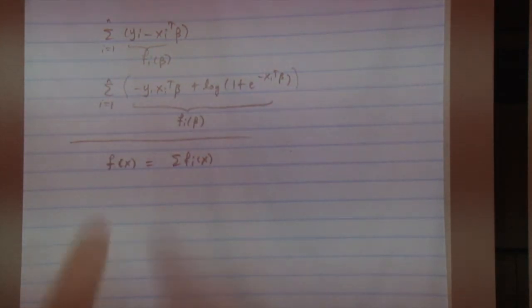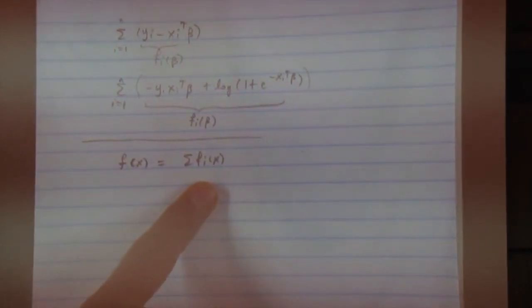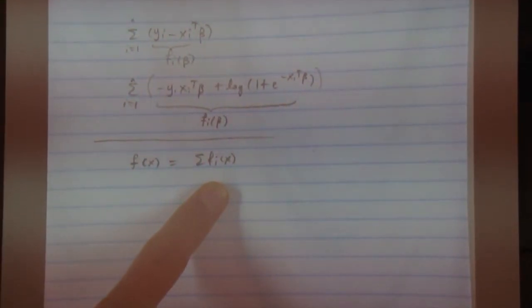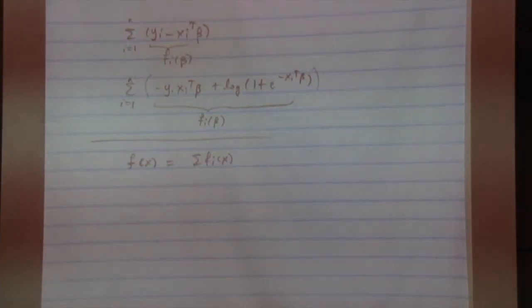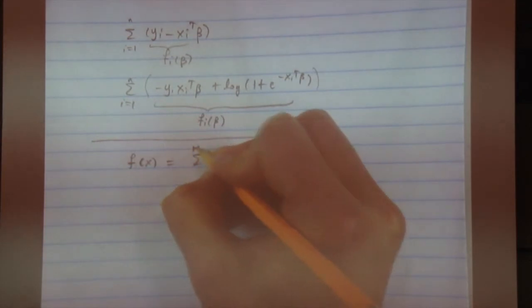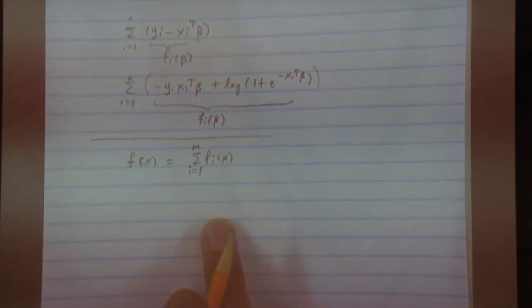In order to do this, we have to compute a subgradient of f. But we know from the subgradient calculus rules, or even just gradients, that to do that we have to compute subgradients or gradients of each of the f_i's, and then sum them over all i, from 1 to m. This might be very expensive if m is large.